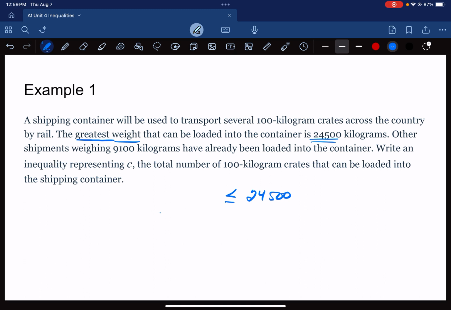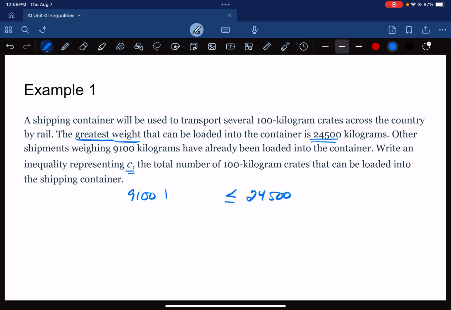All right, now what makes up the weight? Well, several 100-kilogram crates. We don't know how many. Okay, well, there are C crates. That's what we're looking for here. But there are already some shipments weighing 9,100 kilograms on the boat. So I already have 9,100 kilograms of weight in the boat.